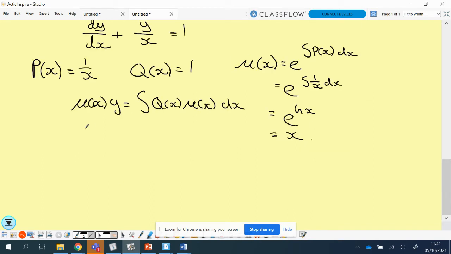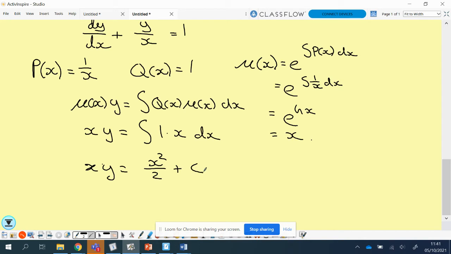Mu of x is x, so that's x times y equals the integral of q of x, which is 1, multiplied by x dx. So if I integrate x, you get x squared over 2 plus c. This is a general equation, so we're going to have a constant.